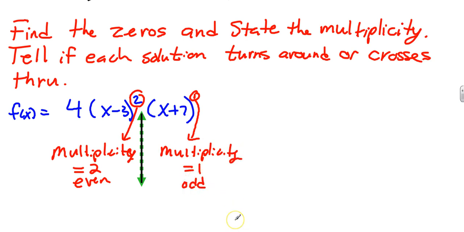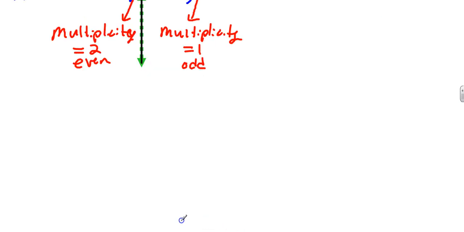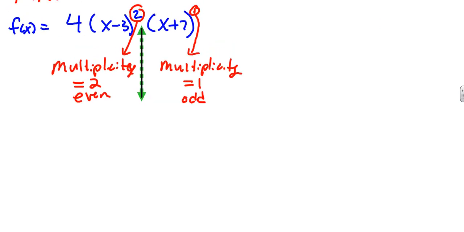Okay, so when they talk about the multiplicity, it is the number, but honestly, it's more of whether it's even or odd, because that's going to tell you what it's going to do. So again, if this thing is even, this means the graph, when you get it, is going to turn around. This one, because it's odd, that means it's going to cross through.